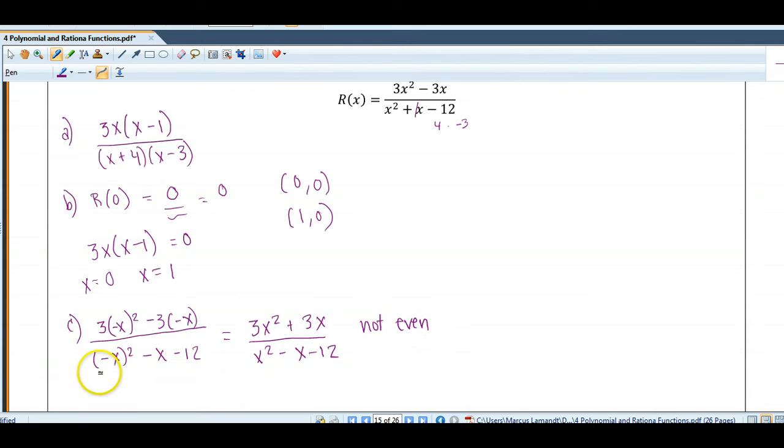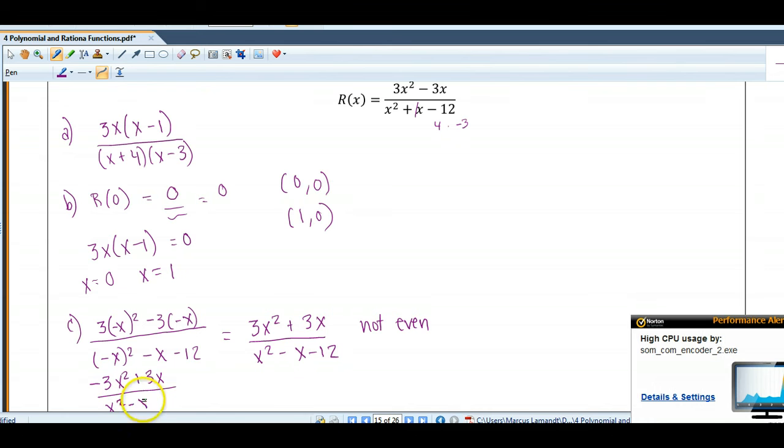And if I just make the whole thing negative, negative 3x squared plus 3x over the bottom. This is not the same as this, so it's not odd. Not even, not odd, so there's no symmetry.